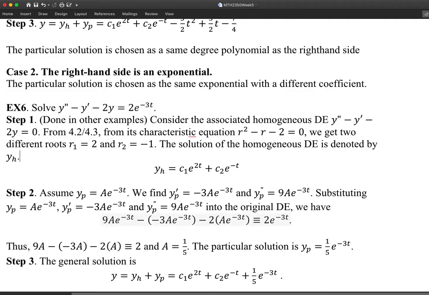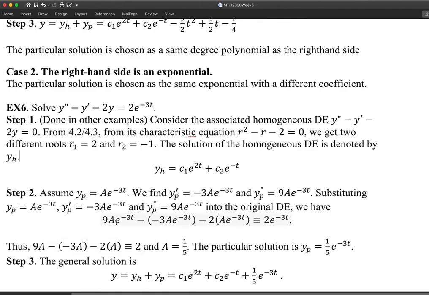And still, let's pay a little more attention to the left-hand side. We have the common factor of e to the negative 3t, right? So the coefficient of 9a minus negative 3a is really plus 3a. And the 2 minus 2a, they all can be combined.